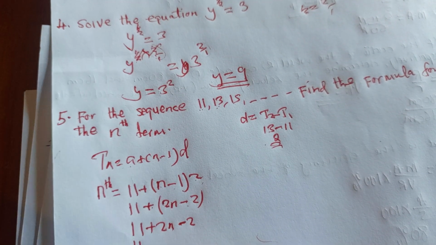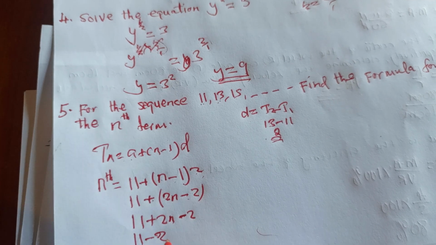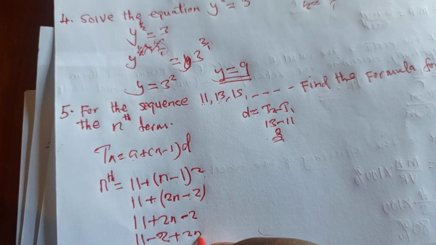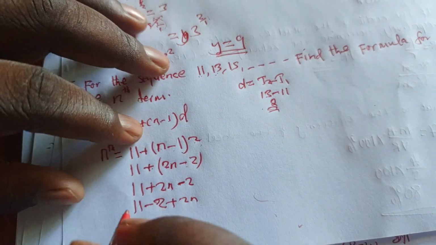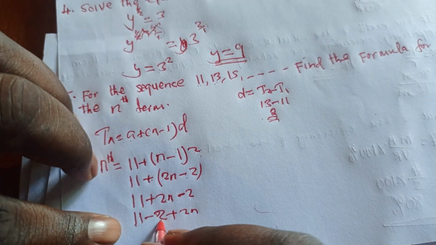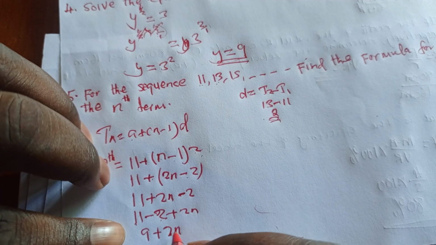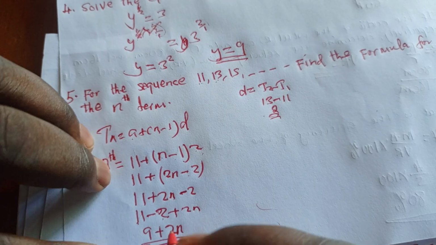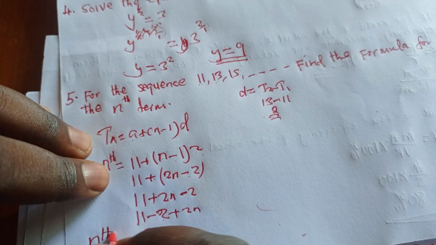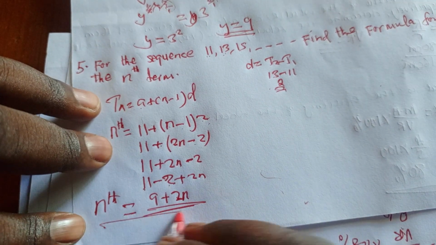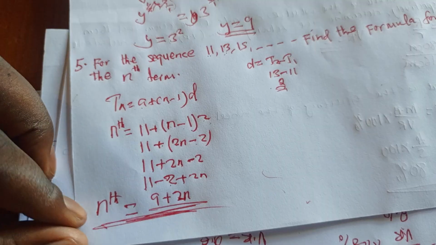I'll start with 11 minus 2, then plus 2n. So 11 minus 2 is 9, then plus 2n. So this will be the formula for the nth term. You end here. Thank you very much.